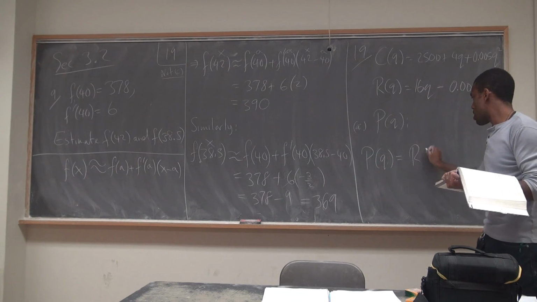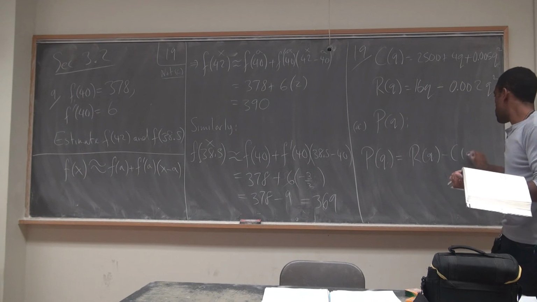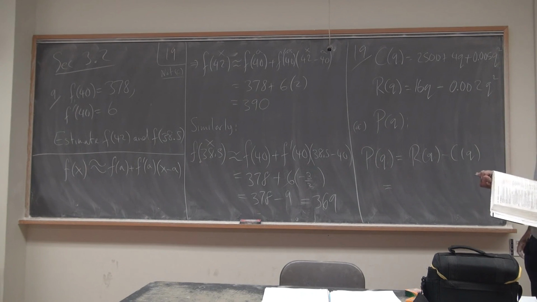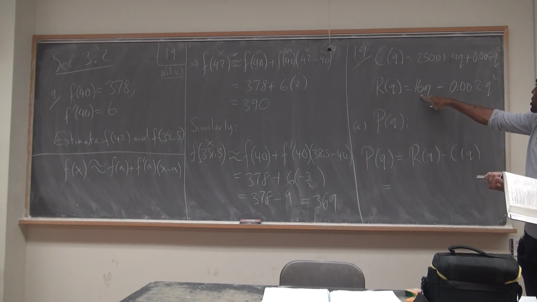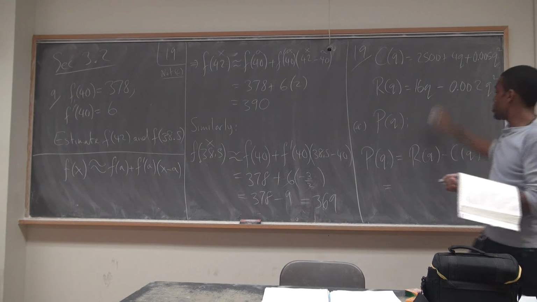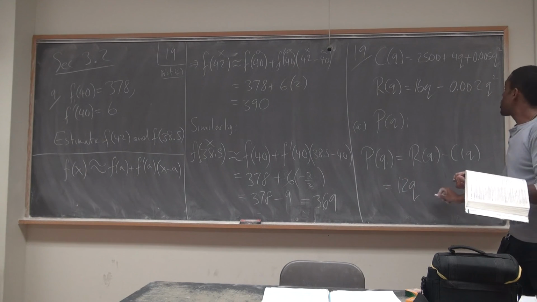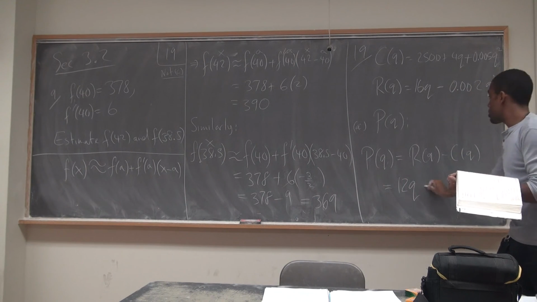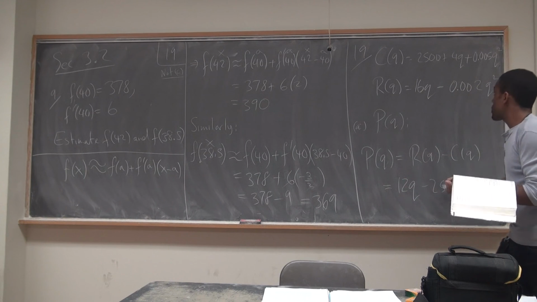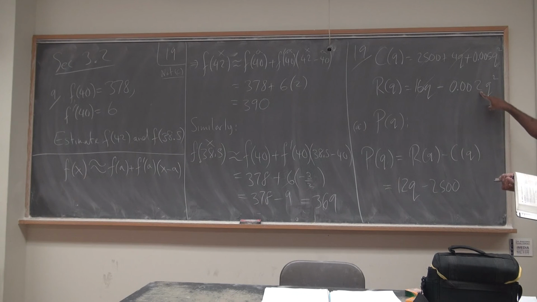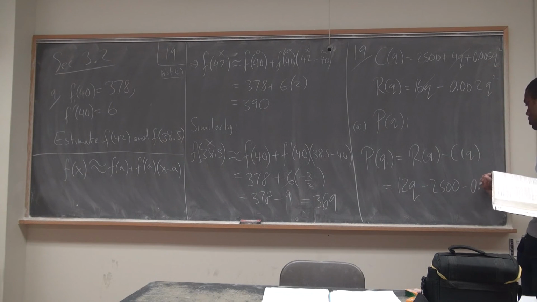So it's just R of Q minus C of Q. And so that's going to be 16Q minus 4Q, 12Q, minus 2,500. That gets rid of those guys. And then I'm going to have minus 0.002 minus that, so that's minus 0.007Q squared.